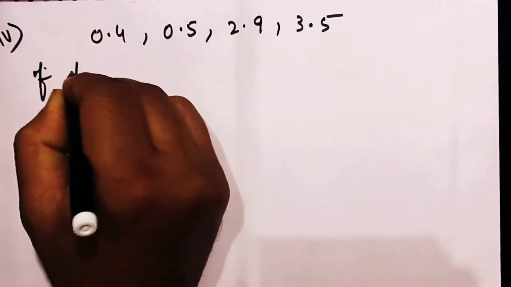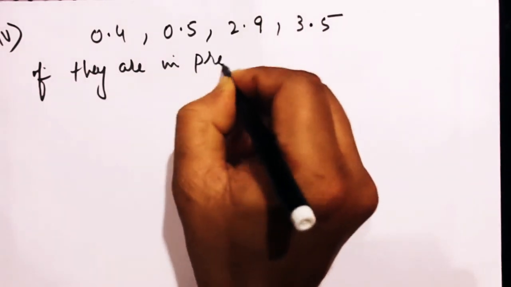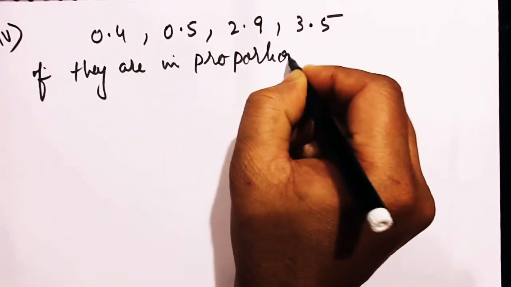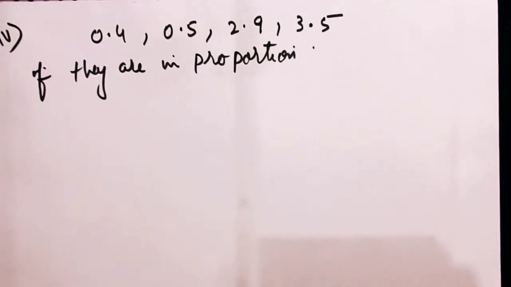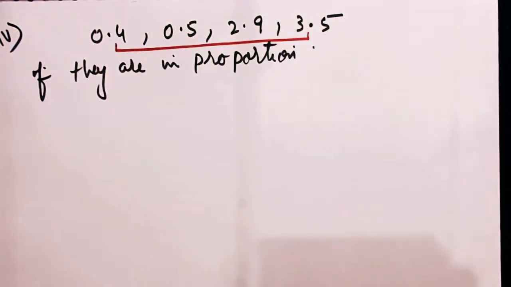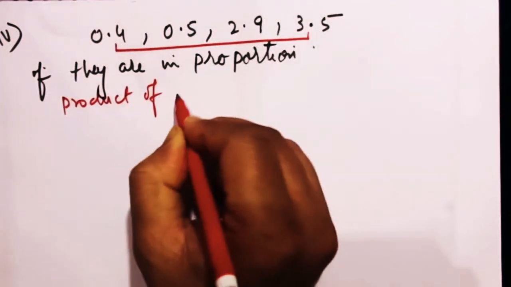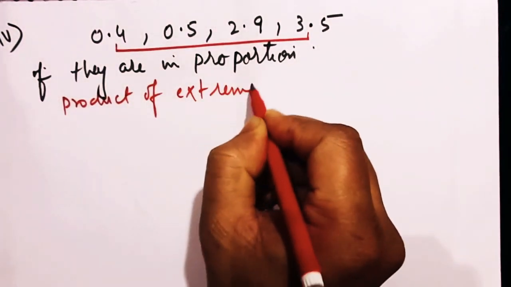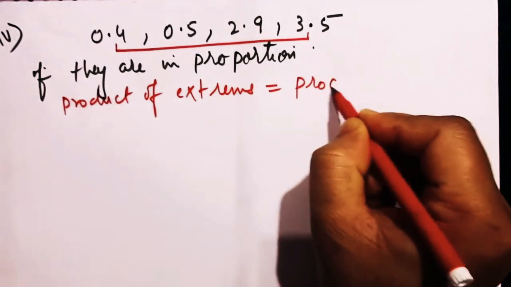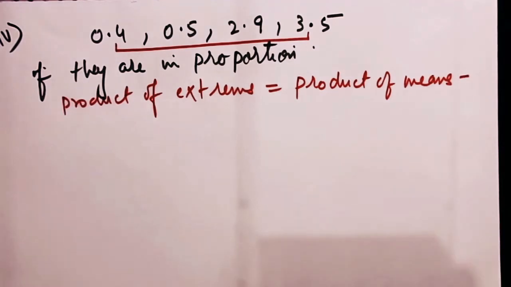So if they are in proportion, then the product of these two, that is 0.4 and 3.5, the extremes, should be equal to the product of the means.